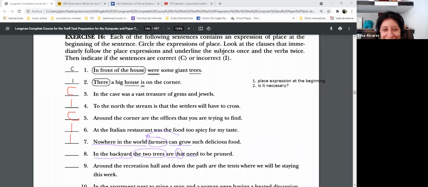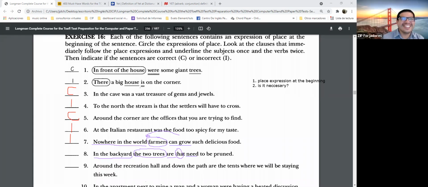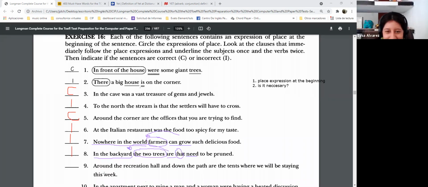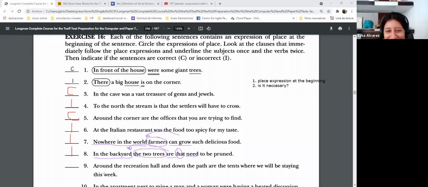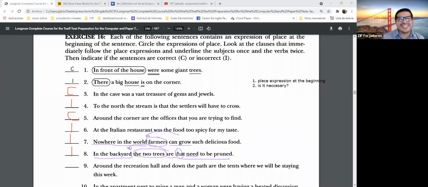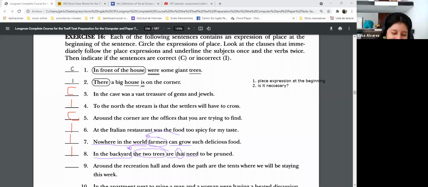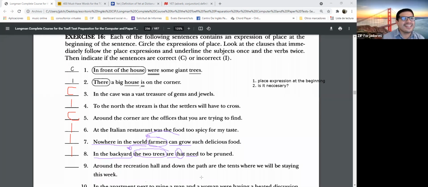I think it's incorrect because we need to put it at the beginning here. Yes, excellent. In the backyard are the two trees. Very good. I get a little bit lost about this part. I know that it doesn't matter, but we don't need a subject and a verb in this part. The verb just needs to be. Remember, that is a connector subject. Yes, you are correct. That's right.